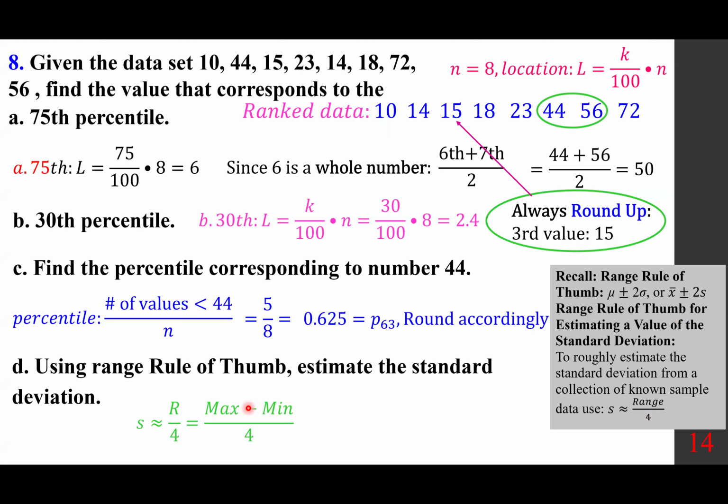In this case, 72 minus 10 divided by 4 is 15.5. This is a rough estimate, range rule of thumb.